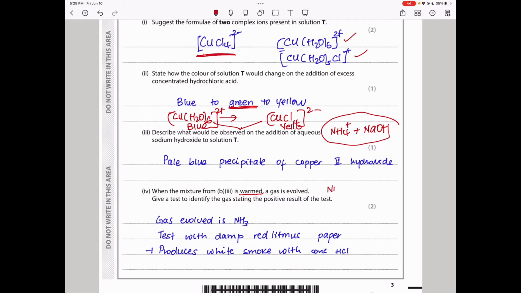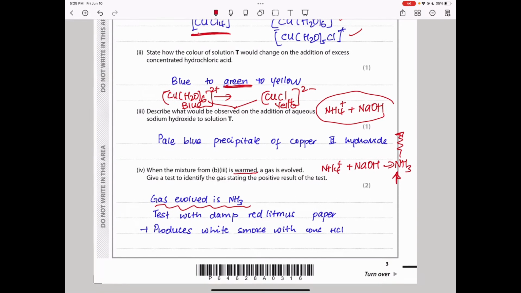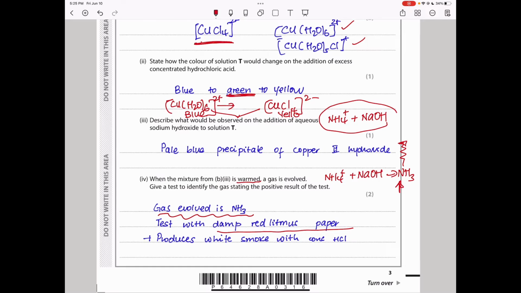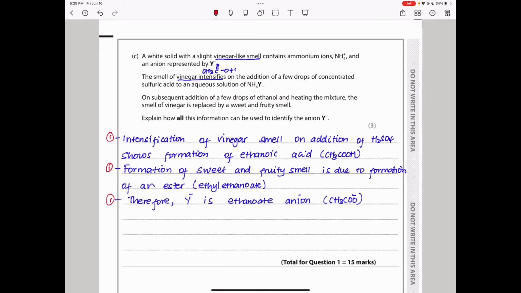The addition of ammonium and sodium hydroxide creates ammonia, but most of it is going to be dissolved. However, when we warm, this gas comes off, which is ammonia, and then we test it using damp red litmus paper. Or you could use concentrated HCl producing hydrogen chloride gas, which could form a white smoke when it comes in contact with ammonia gas.